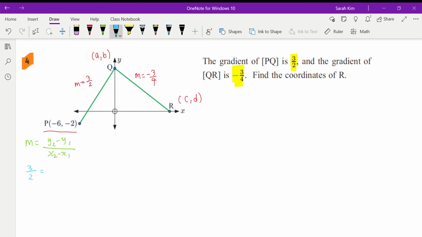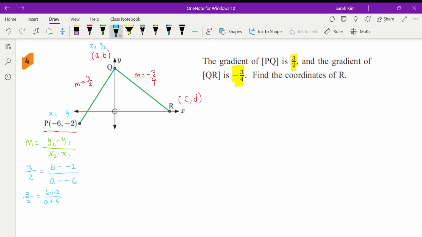If I start labelling x1, y1, x2, y2, it will become b take minus 2, a take minus 6. If I tidy that up a little bit, 3 over 2 equals b plus 2 over a plus 6. Right, so I've got my equation here.